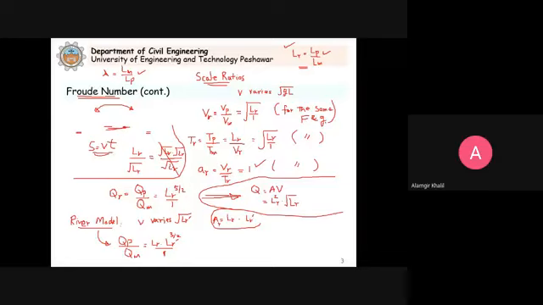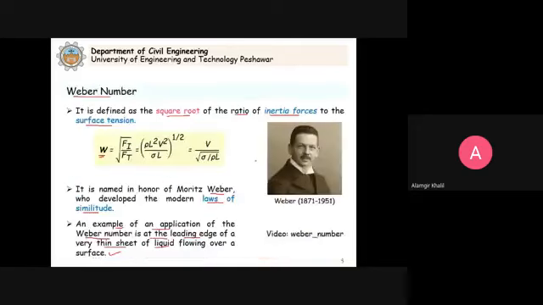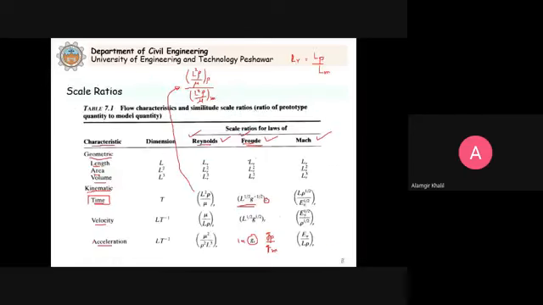For the same g, both are on the surface of the earth, so it is equal to 1. For the time, it was equal to the square root of LR. This is what is given in this table. When we solve problems, these scale ratios can quickly help us to analyze the problem.